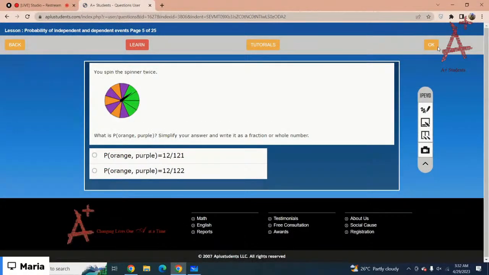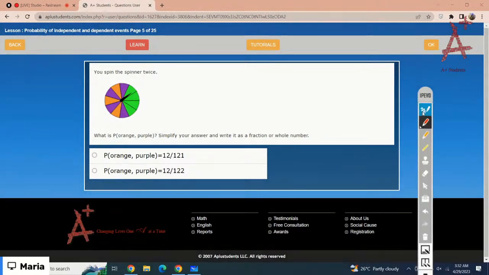Okay, you spin a spinner twice. What is the probability of orange and purple? The spinners are independent events. Got it? So probability of orange. You have 1, 2, 3 orange out of 11. So it would be 3 over 11.